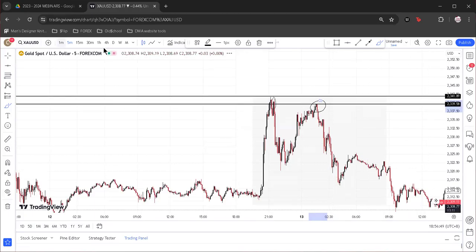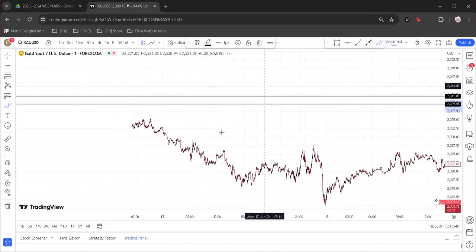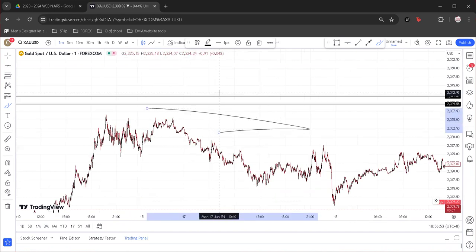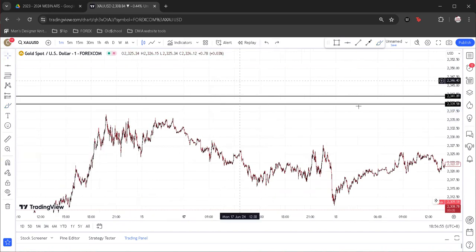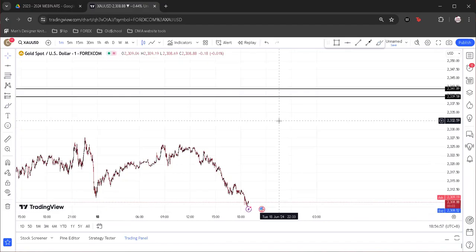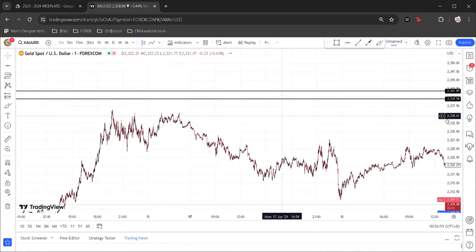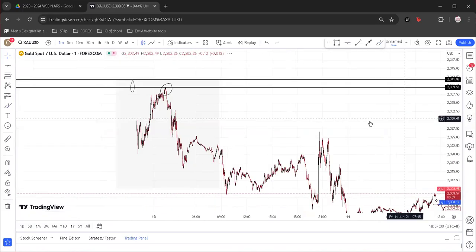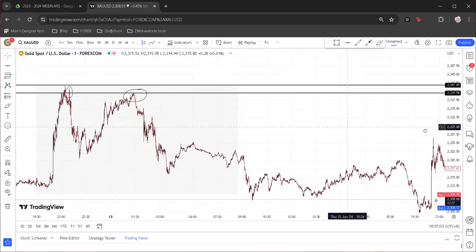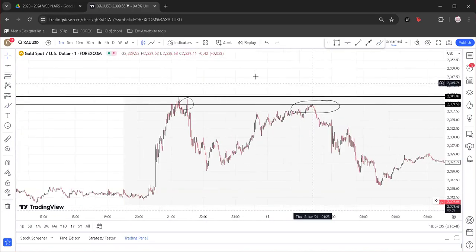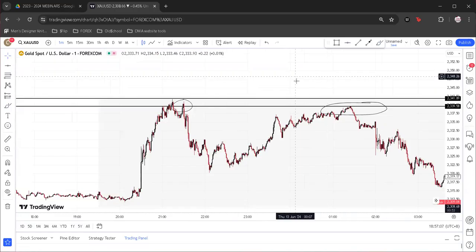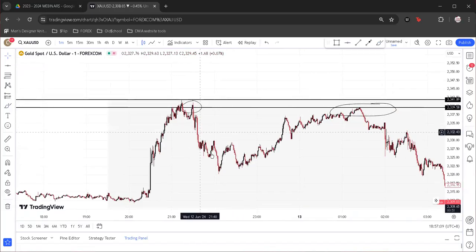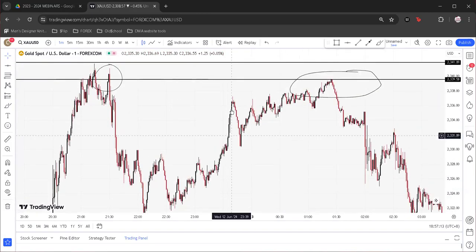All right, on the M1 time frame, it does the same kind of reaction. High momentum seller, retest, slow down of momentum. Look, it's slowing down. Bullish is slowing down, slowing down, slowing down.